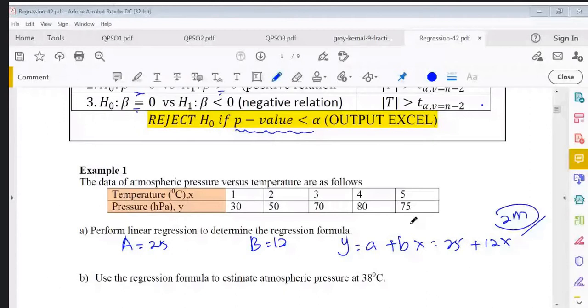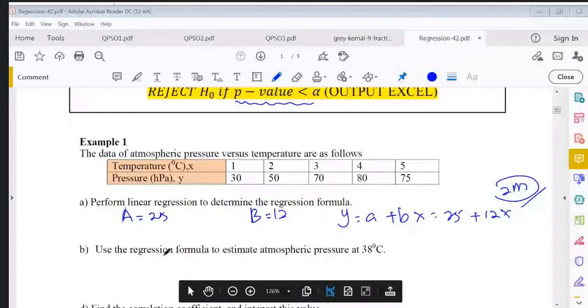Okay, number B. Use the regression formula to estimate pressure Y when X is 38. What is the value Y?